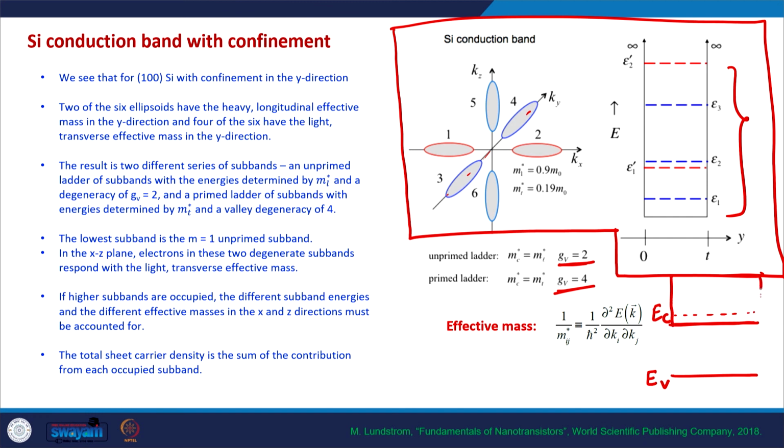So we need to consider epsilon 1, epsilon 1 prime, and these energy levels. The electrons will be occupied in the conduction band in these two kinds of subbands. So please review the idea of subbands that we discussed while we concluded our discussion of the general model of transport, and then this idea of quantum confinement will be clear to all of us.